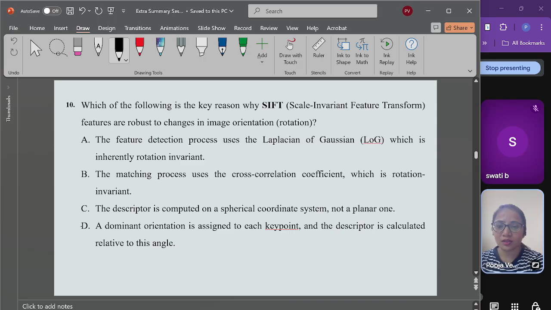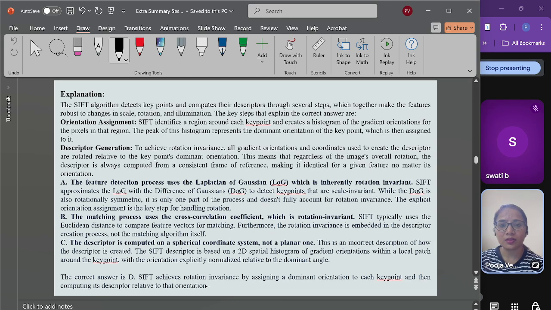A dominant orientation is assigned to each keypoint and the descriptor is calculated relative to this angle, because the SIFT algorithm follows these two steps: orientation assignment and descriptor generation.